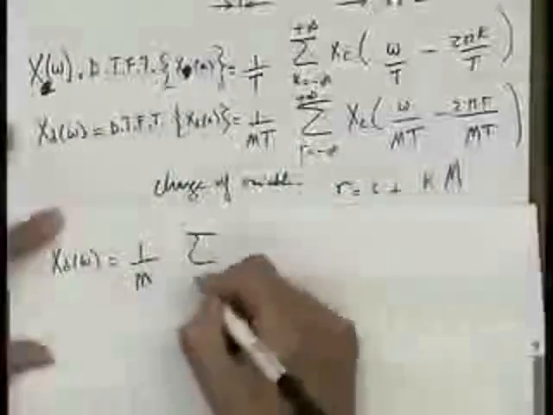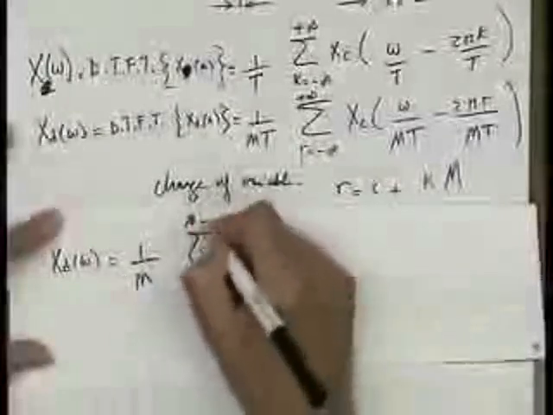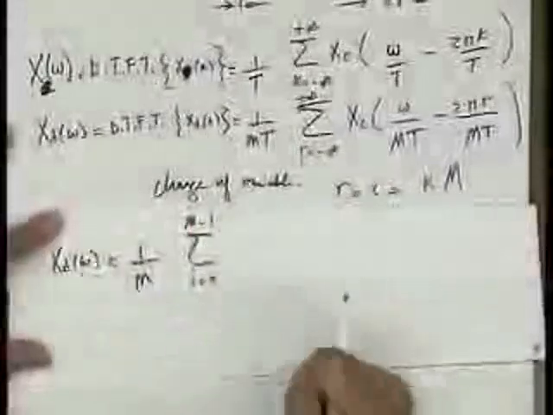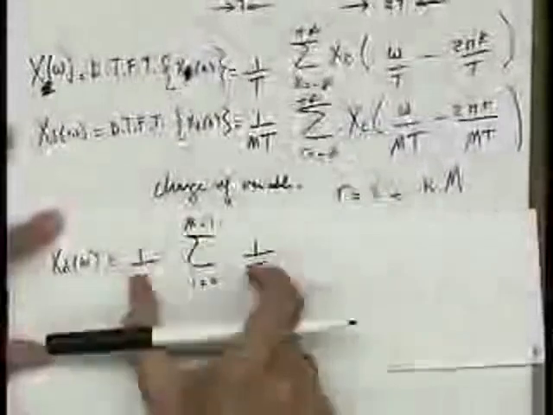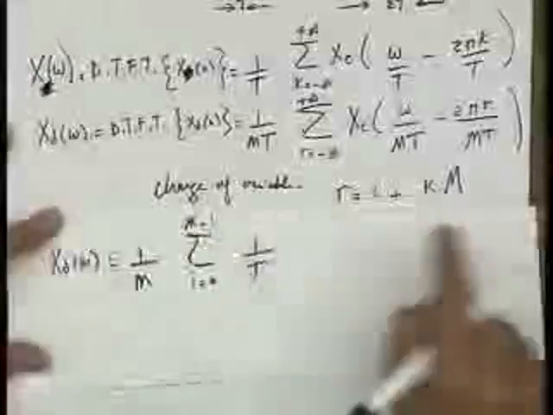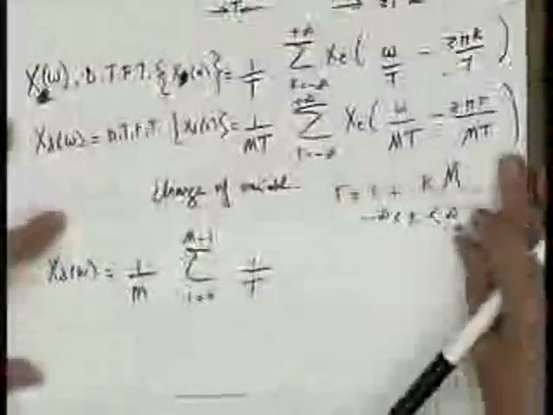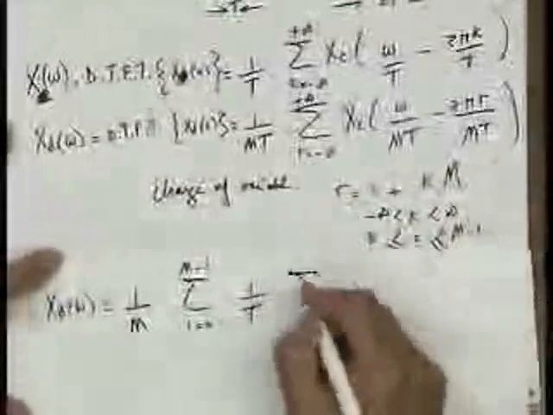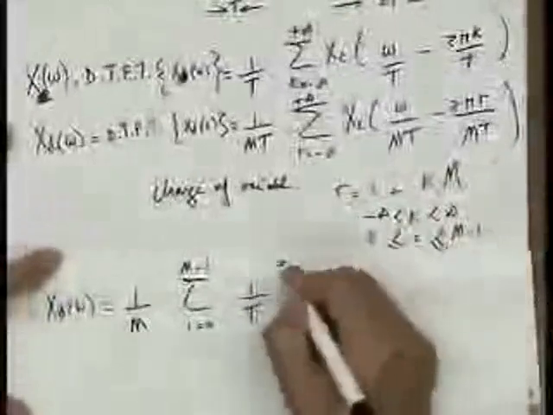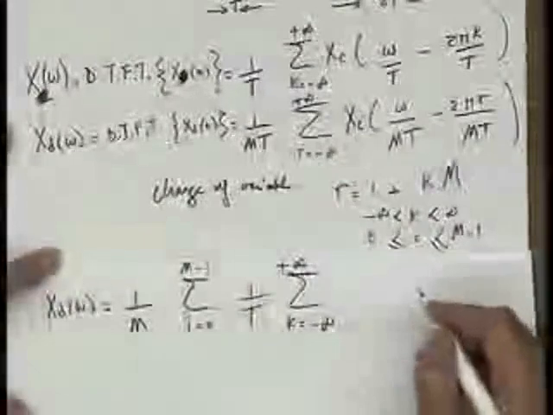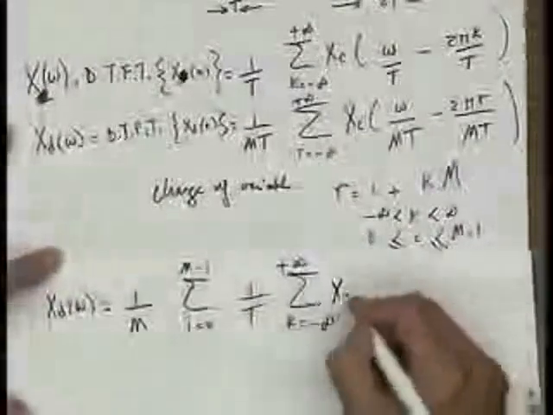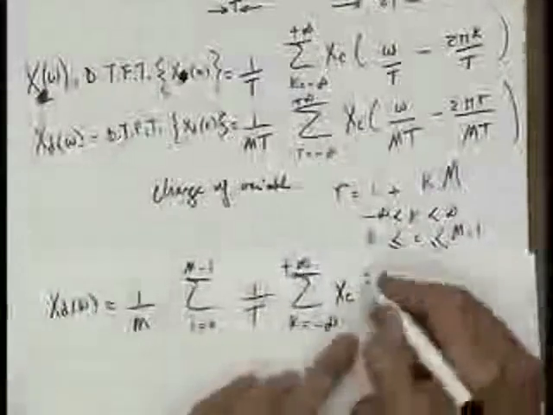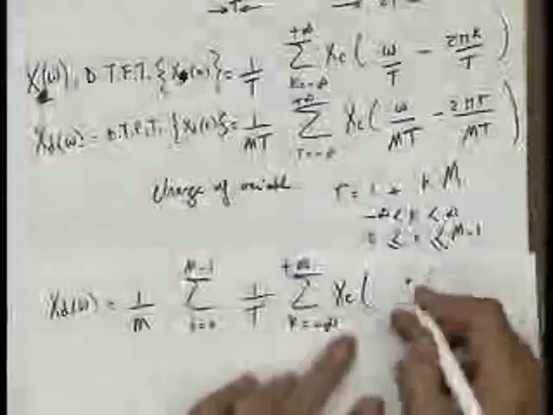A summation from i equals 0 to M minus 1. And then I have 1 over T inside here. It doesn't really matter, 1 over MT, I've split it up. And then I have a summation for k ranging from minus infinity to plus infinity of x sub c of the same things that I had back there.